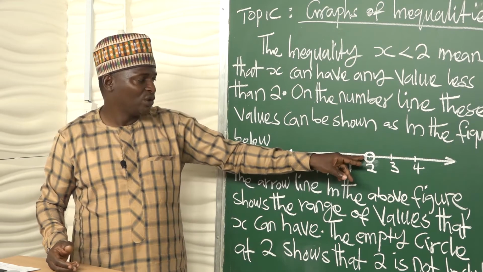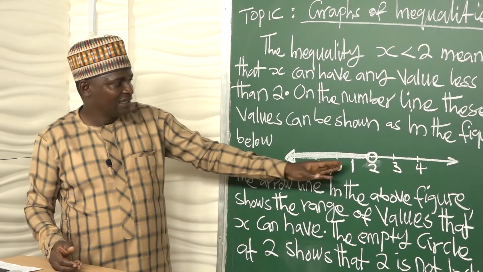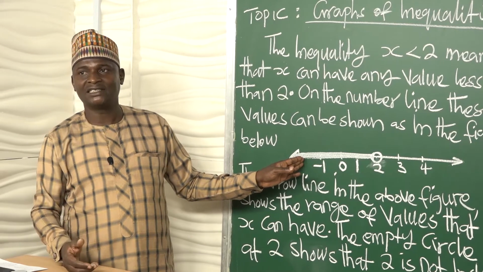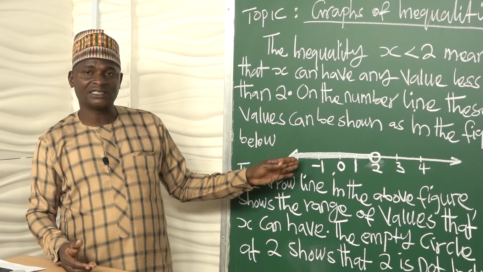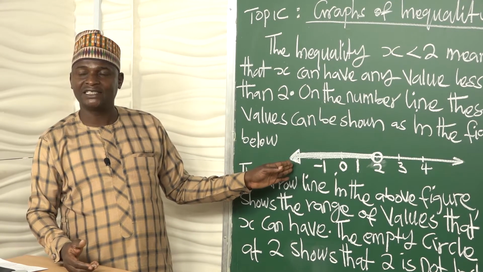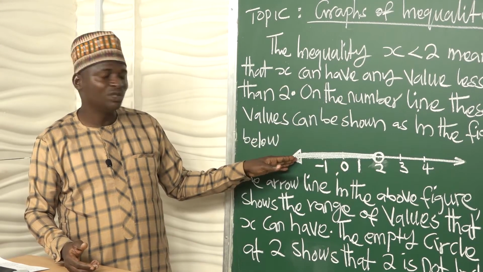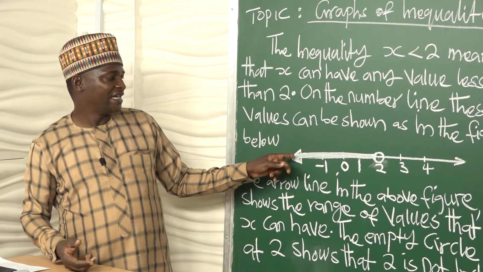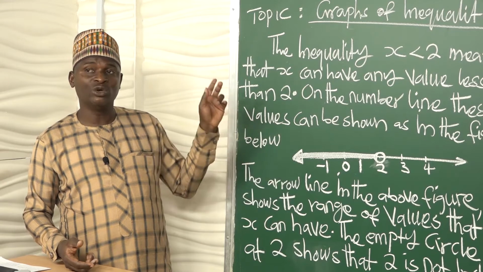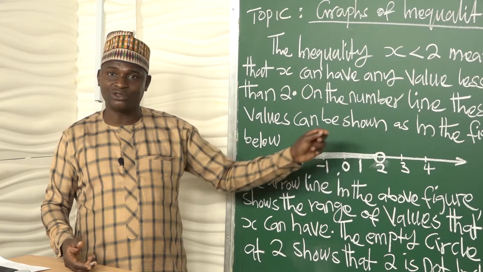Then you draw your arrow, or you make the left-hand side of the 2 thicker than the right-hand side, meaning that your answers are numbers on the left-hand side of 2. That is why we make the left-hand side of 2 thicker, and the arrow is pointing to the left, meaning that the solutions are values that are less than 2.